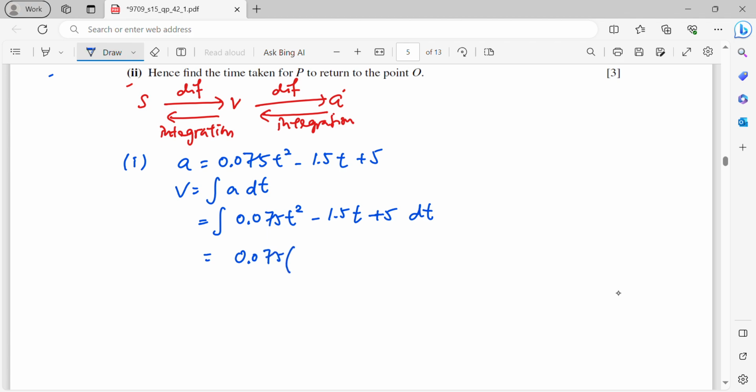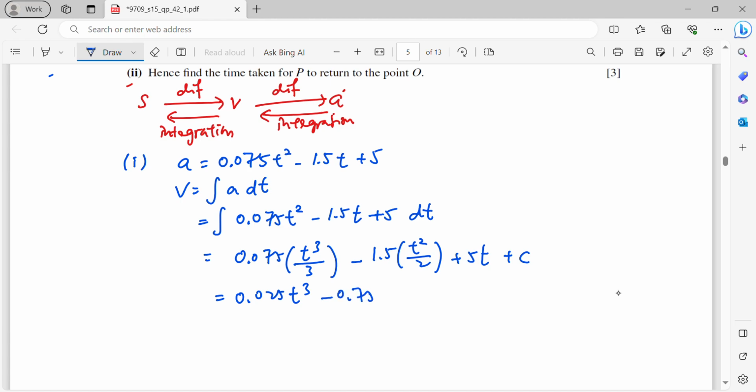That means t squared becomes t cubed over 3, then minus 1.5, the t becomes t squared over 2, the 5 becomes 5t, and don't forget to add an unknown constant. Now 0.075 divided by 3 is 0.025 t cubed. 1.5 divided by 2 is 0.75 t squared, and rewrite the last 2 terms.